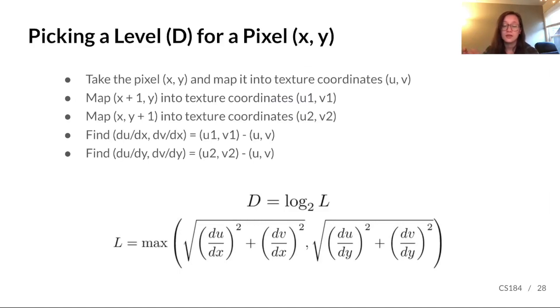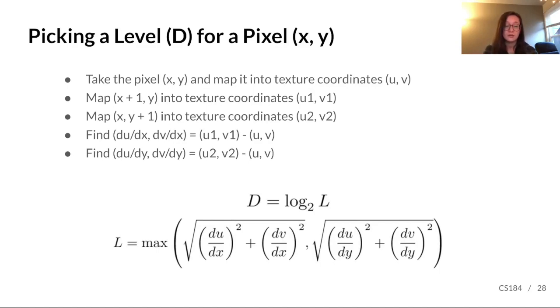Now that we understand this intuitively, we can compute it mathematically by doing the following. We take our pixel, map it to our UV coordinates, take a neighboring pixel, x plus 1, y, and map that into our UV coordinates.